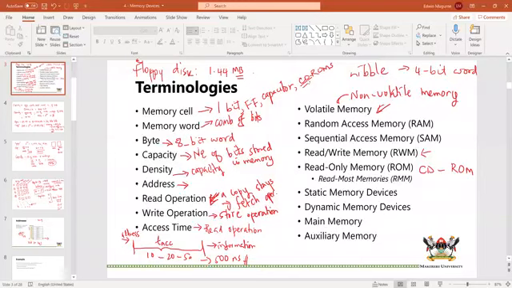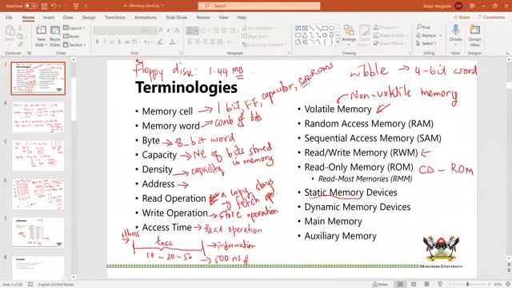Then you have static memory devices. With static memory devices, if you store information in a static memory device, that information will be stored there permanently as long as power is applied.